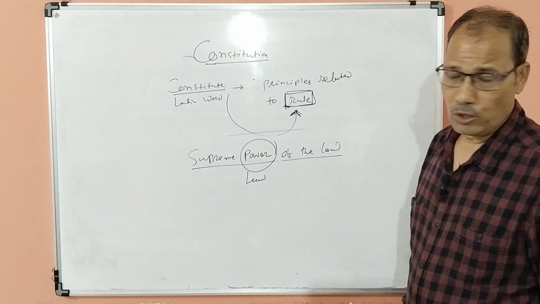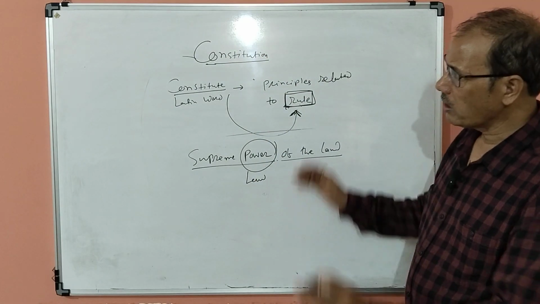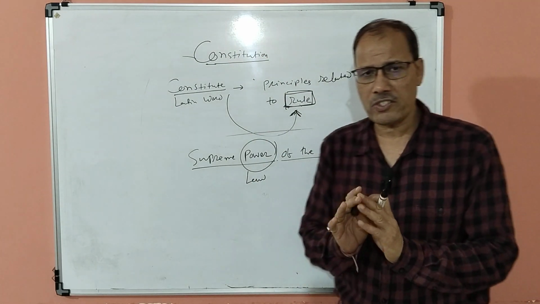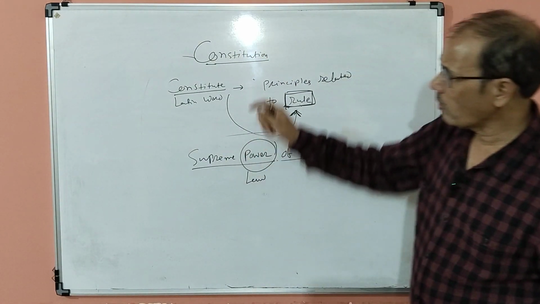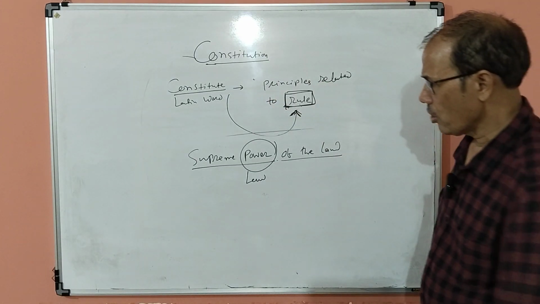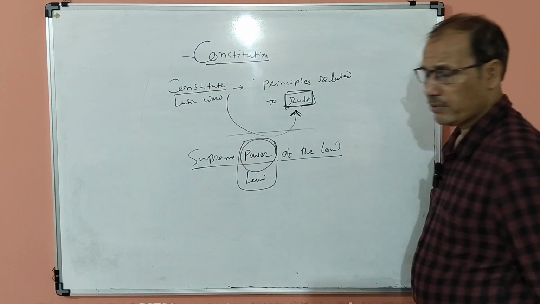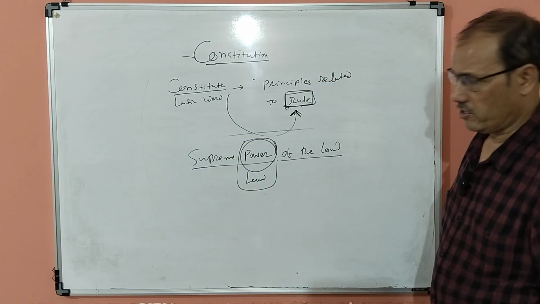No one can be above the constitution. All the rules, regulations, authorities, and powers are subordinate to the constitution. So this is the supreme law or supreme power of the land, the constitution itself.